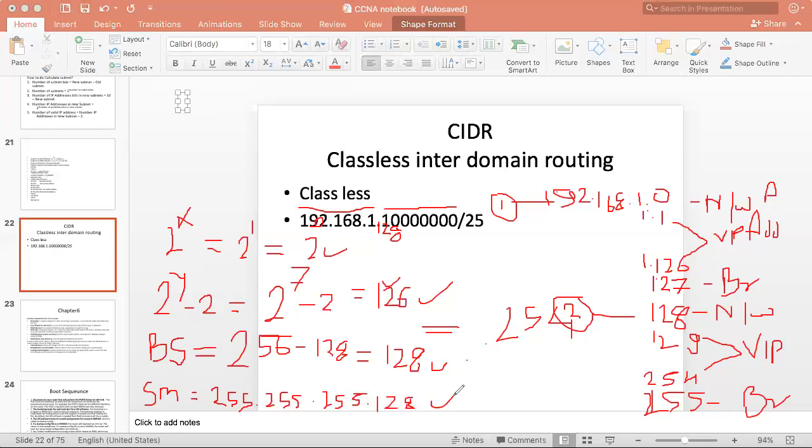This was class C, and the first bit where we turned it on. Now think from that perspective: the customer still needs only 50 IP addresses, but the service provider is giving 126 valid IP addresses.